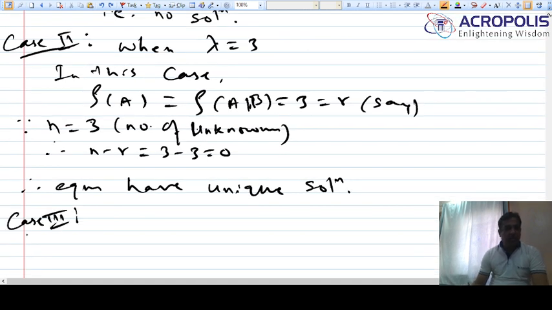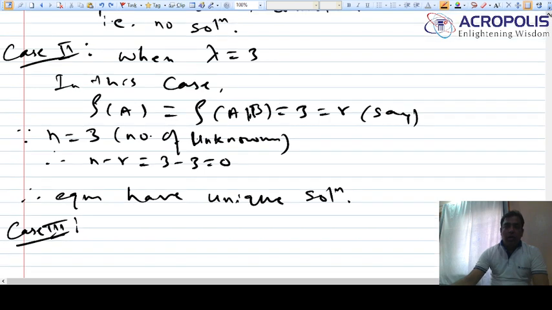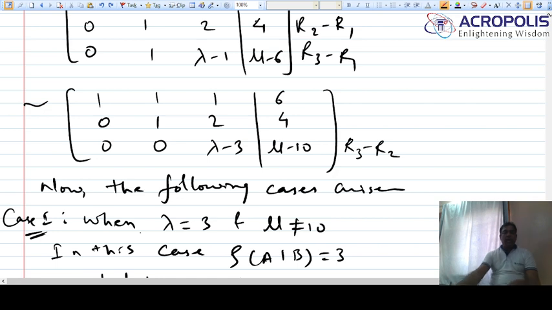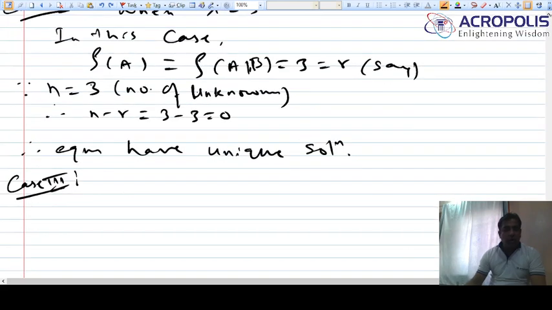And the last case is the infinite solution case. When will the equations have infinite solutions? When the number of unknowns is greater than the rank of the matrices. As you can see, the number of unknowns, 3, is fixed here. That means we need to have rank less than 3 here, and for that the last row should be 0, and this will be possible when lambda is equal to 3 and mu is equal to 10.